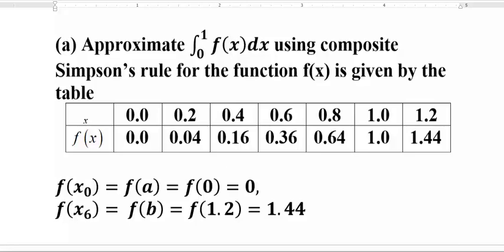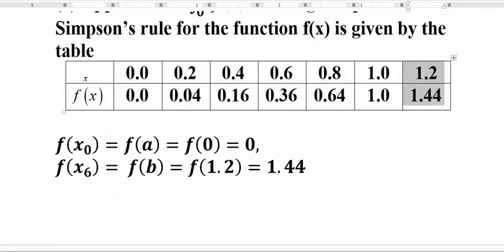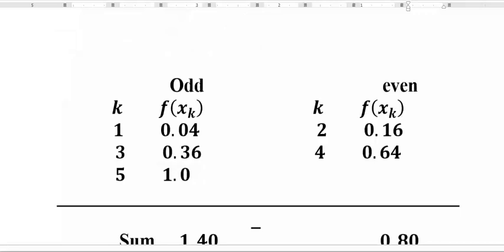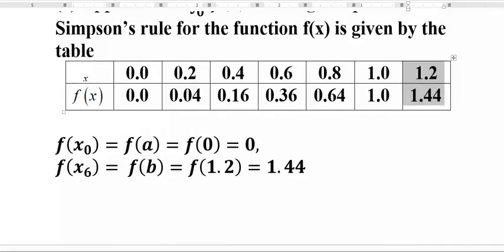Here is the example. The same example we took before, but we add points to it. Please tell me what is in this table. What is n? Yes, the number of points.